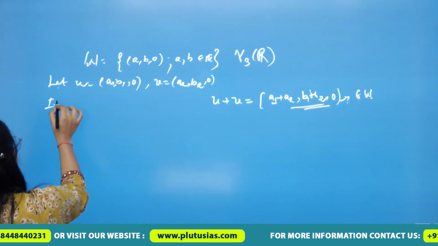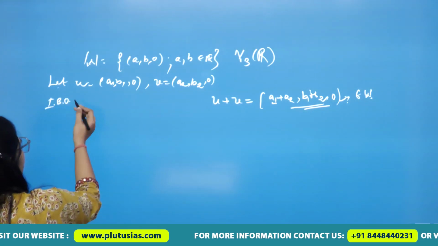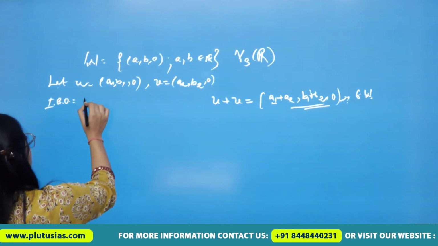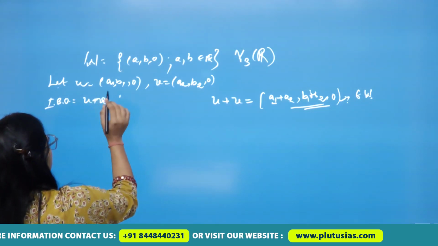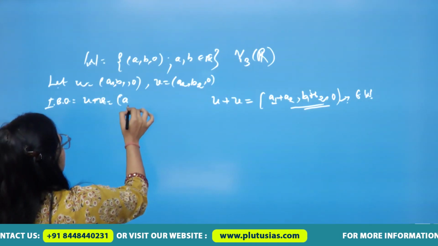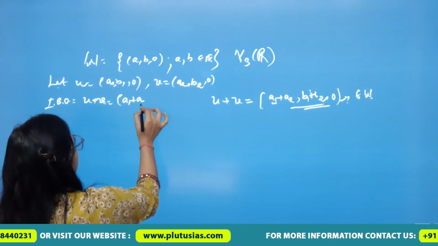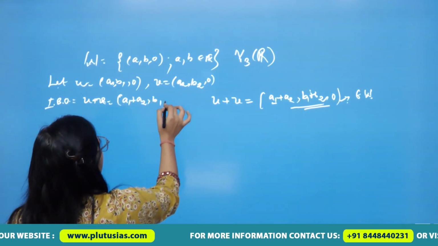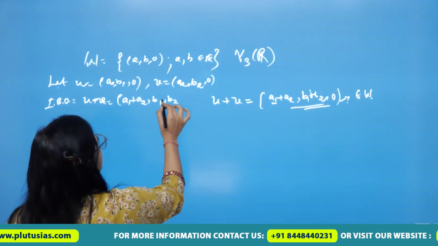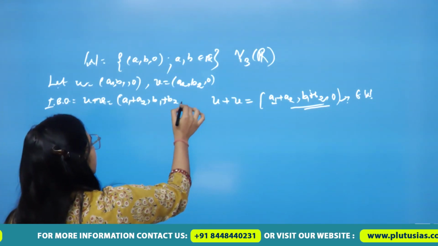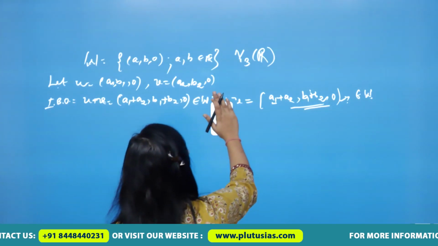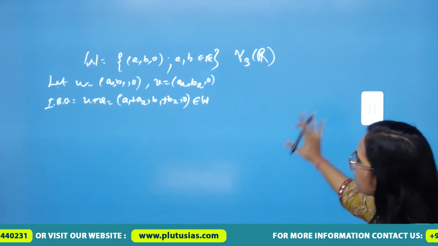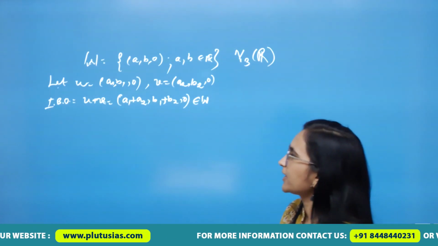Internal binary operation: u plus v, and we have proved that this would be (a1 plus a2, b1 plus b2, 0). Now this belongs to W, hence our first condition is proved. Second, we need to prove that the external binary operation is also defined.